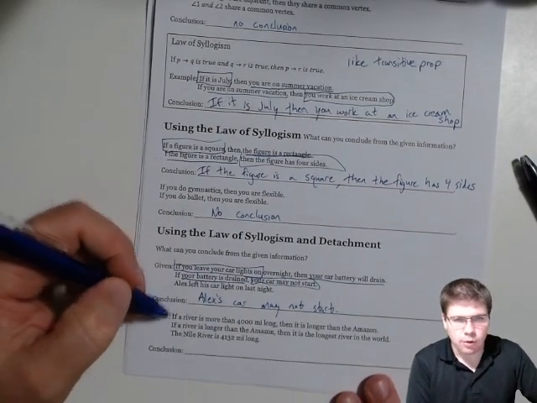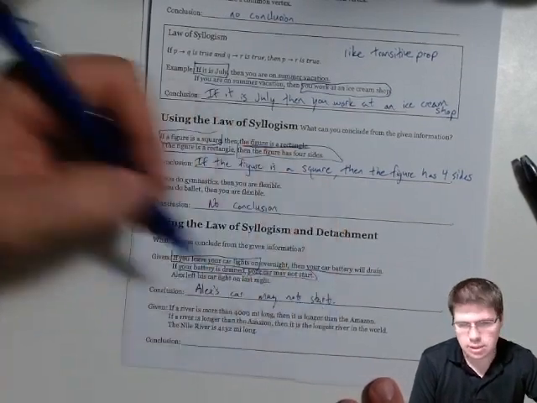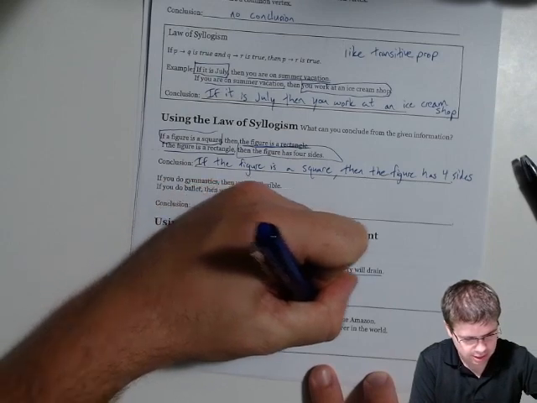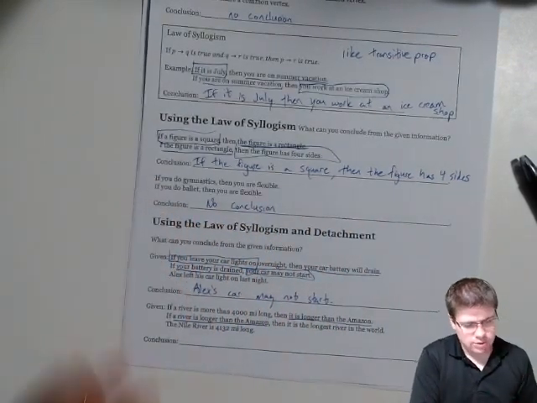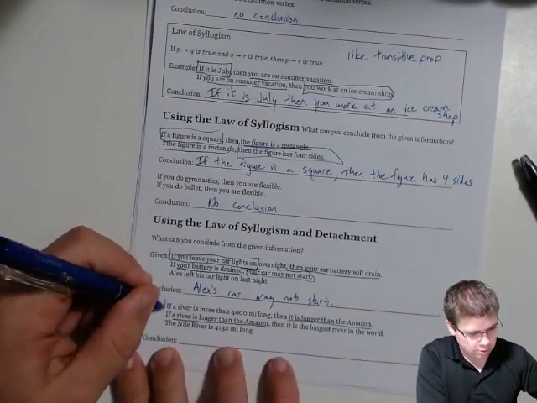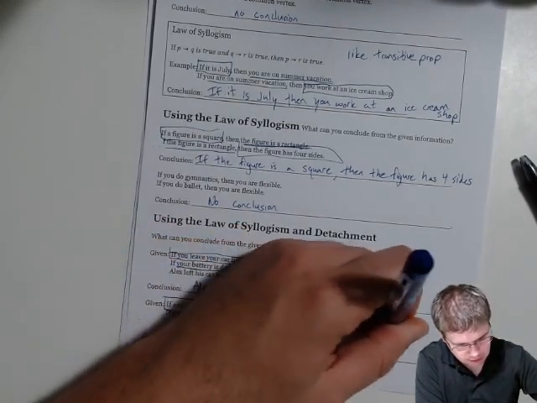Next one, if a river is more than 4,000 miles long, then it is longer than the Amazon. If a river is longer than the Amazon, then it is the longest river in the world. We see here we have our conclusion and our hypothesis, so we can put those together. If a river is more than 4,000 miles long, then it is the longest river in the world.